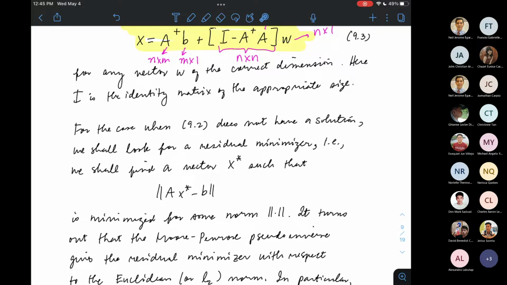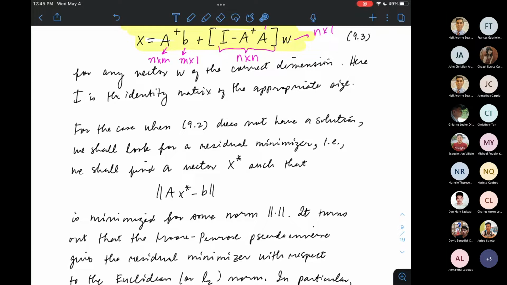Ang norm ng 0 vector ay 0. Pero kung walang solution yung equation AX equals B, ang itatrato na lang natin to be a solution would be the vector X star that minimizes this norm. Yung may pinakamaliit na error or yung kayang palapitin yung AX star mula kay B.